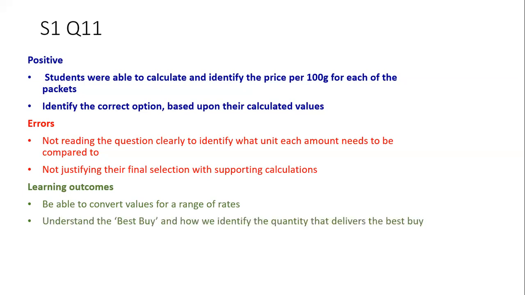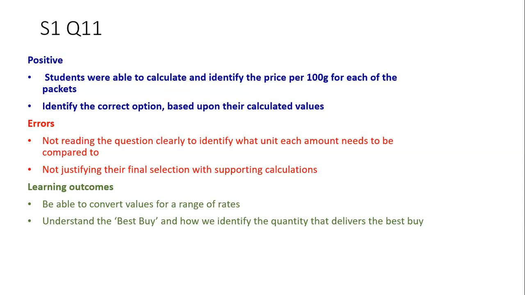It's part of the syllabus in the junior years, but maybe not understanding what the best buy means, and then obviously how to calculate and justify what they thought the best buy would be. So overall, yeah, there were a few little things that went on with the kids here, but the 100 grams and calculating it to the nearest or to the correct 100 grams was probably the biggest key to take out of this particular question.